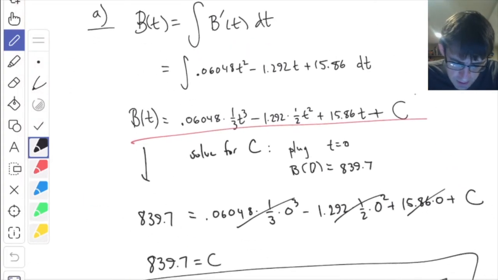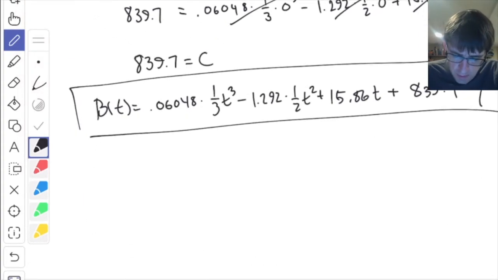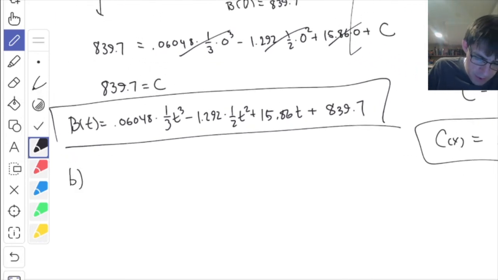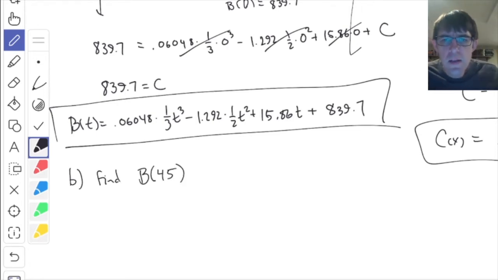So this one is easy, provided that you did the first part correctly, which I think I did. Part B is just to find how many degrees. That would be B of 45, right? They didn't say it in these words, but they said find how many degrees will be conferred in the year 2015, which is year 45, according to their time scale.